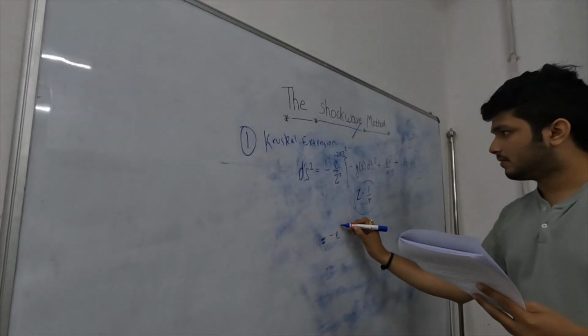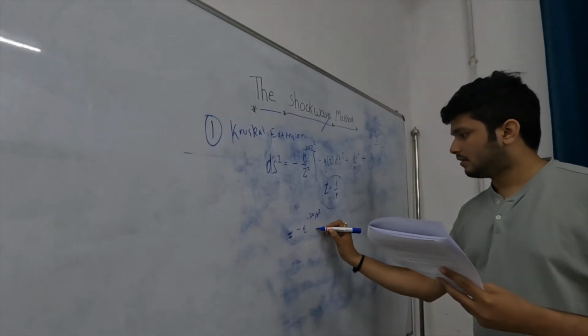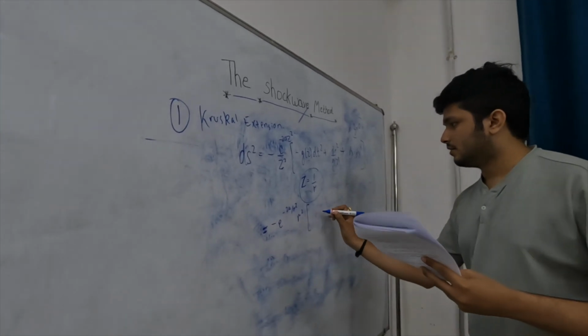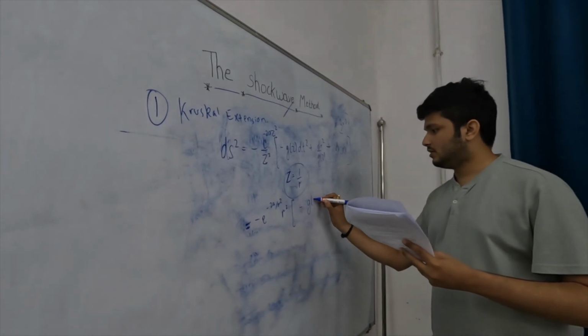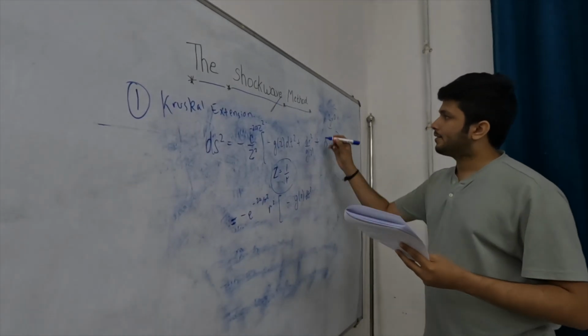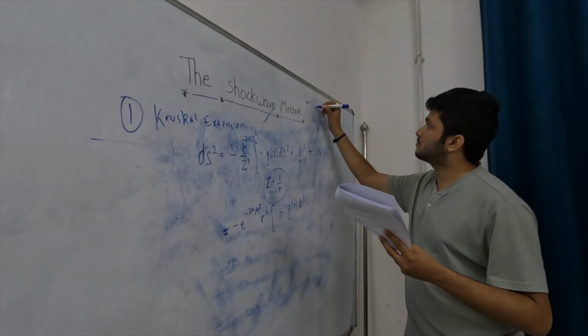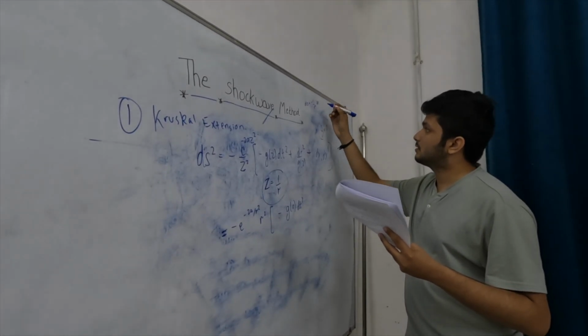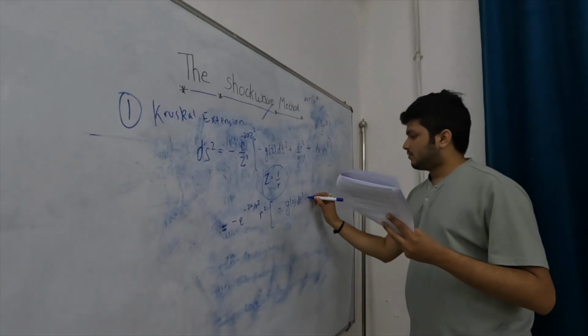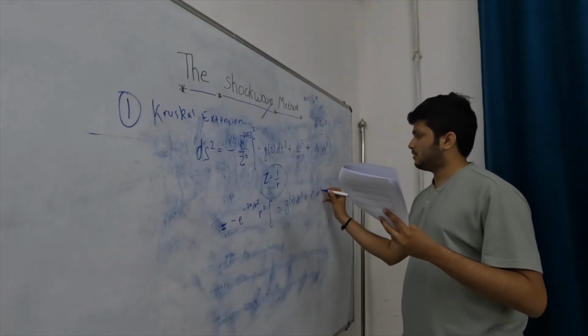So this will give me e to the power minus 2a by r squared times r squared minus g of r dt squared, minus r to the power 4 dr squared by g(r).